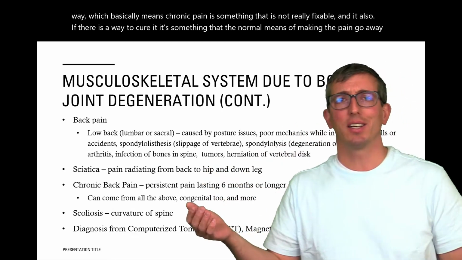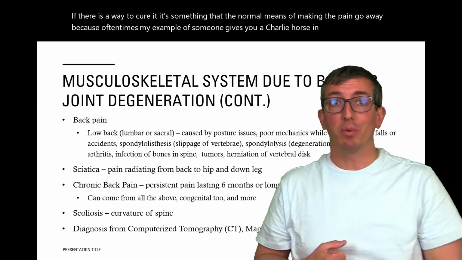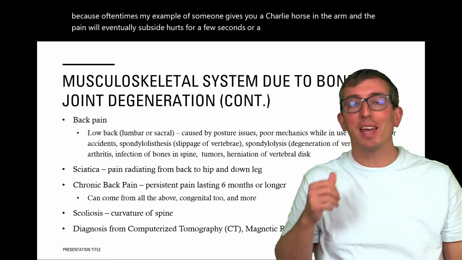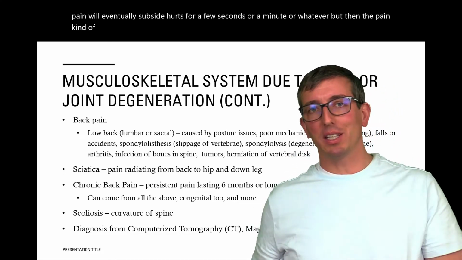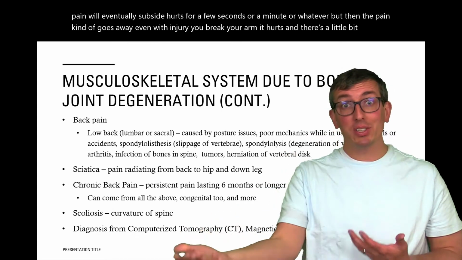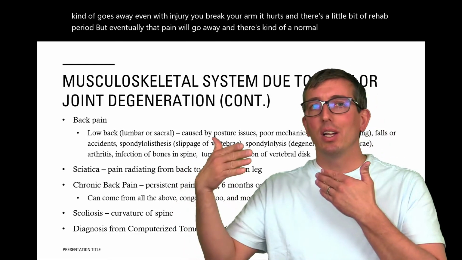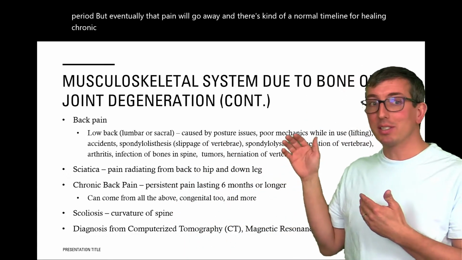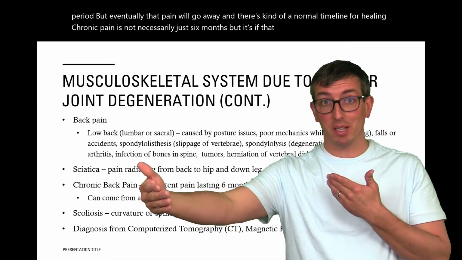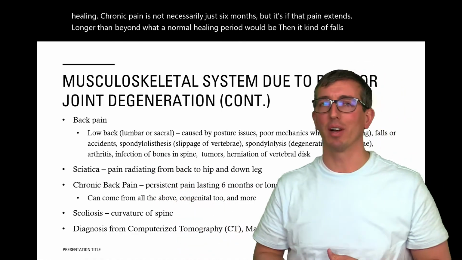Oftentimes, like my example of someone giving you a Charlie horse in the arm, the pain will eventually subside. It hurts for a few seconds or a minute, but then the pain goes away. Even with injury, you break your arm, it hurts, and there's a little bit of a rehab period, but eventually that pain will go away, and there's a normal timeline for healing. Chronic pain is not necessarily just 6 months, but if that pain extends beyond what a normal healing period would be, then it falls into that category of chronic pain.